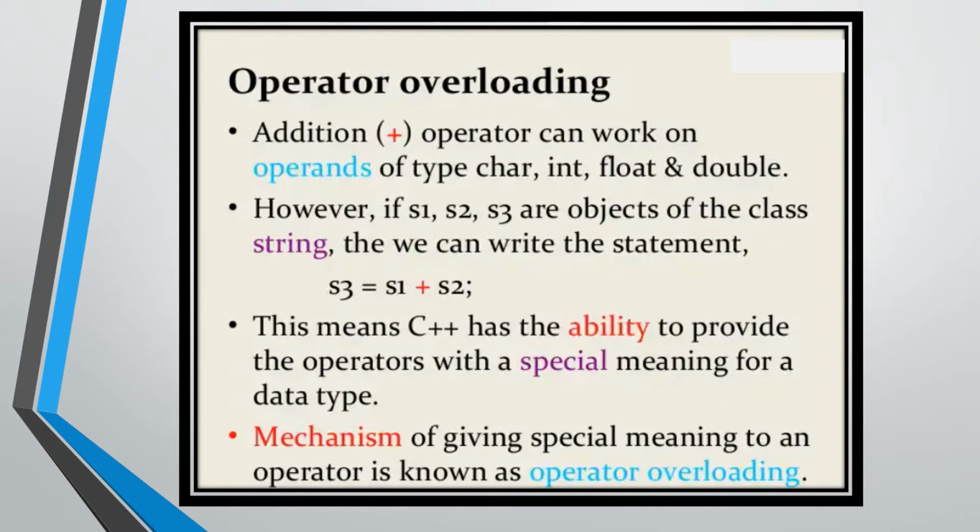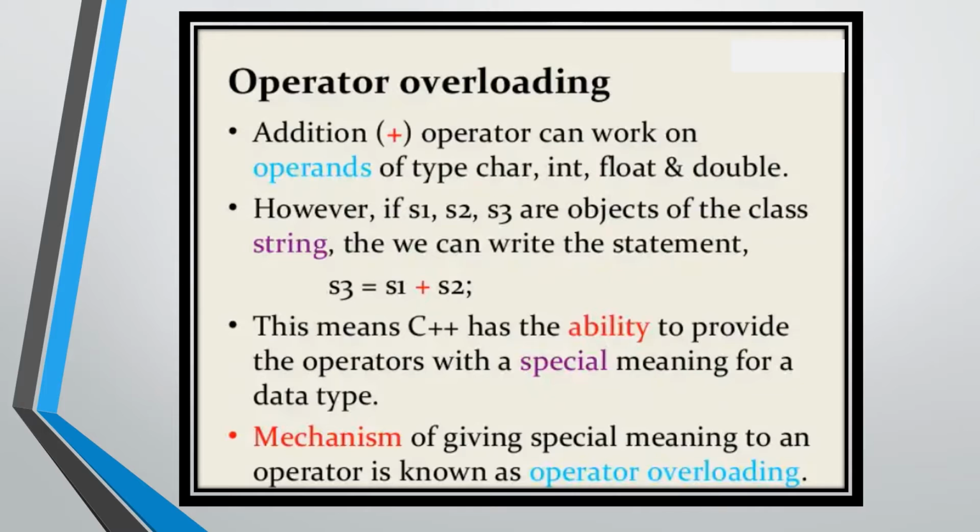Whether the statement S3 = S1 + S2 can be performed easily, and how it will be performed, we are going to see by using the concept of operator overloading.